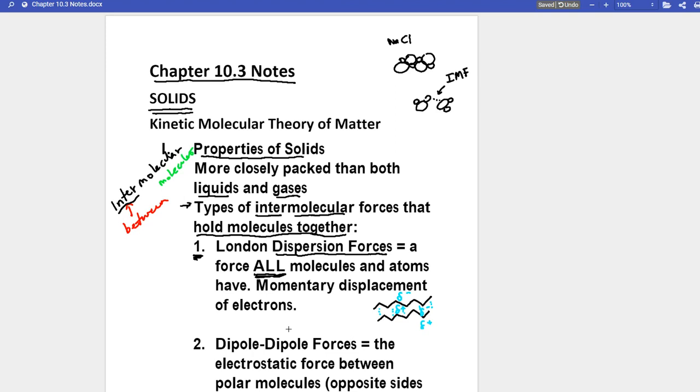Then the charges all balance out again because this long chain that I drew is actually non-polar. Remember, things with just C's and H's are called hydrocarbons. That's going to be a non-polar bond. So the only thing holding them together would be that dipole moment, that very short momentary displacement of electrons.